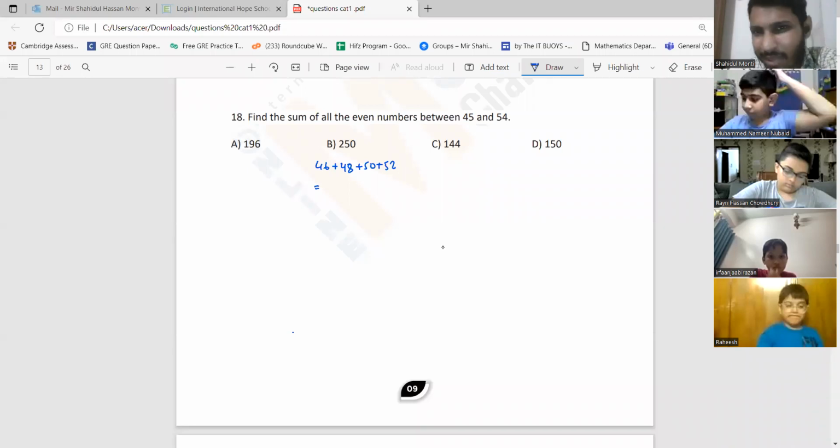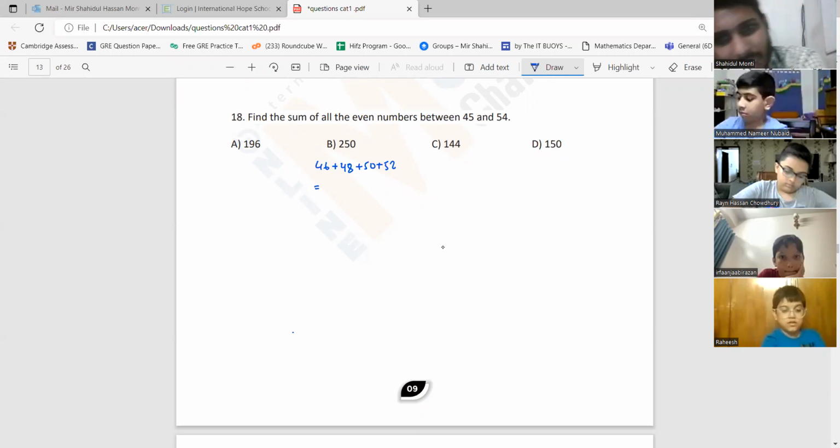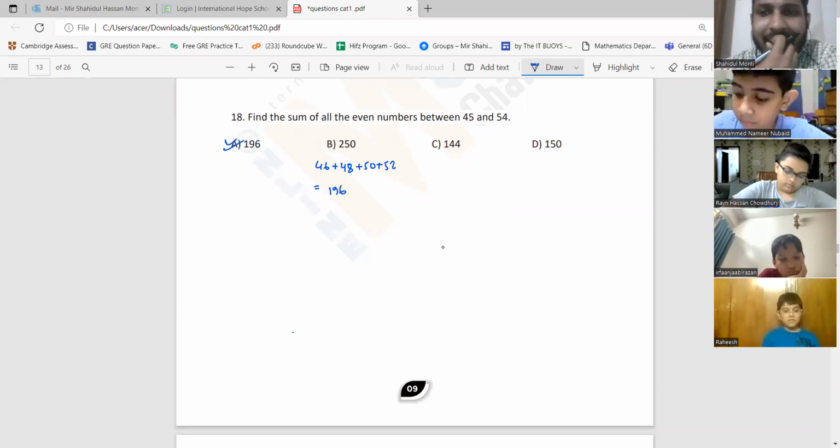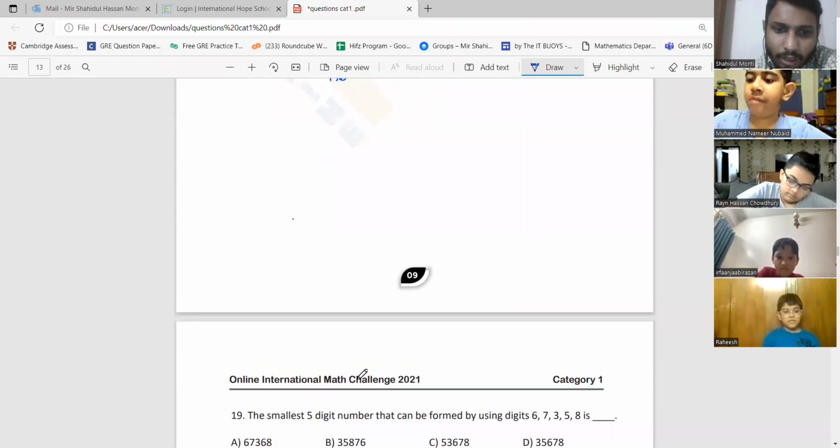When I say between, I cannot take the boundary values, which means I cannot take 54. If I add them up, this is equal to 196. My correct answer is A for apple. This is question number 18. All right, so we got this question.